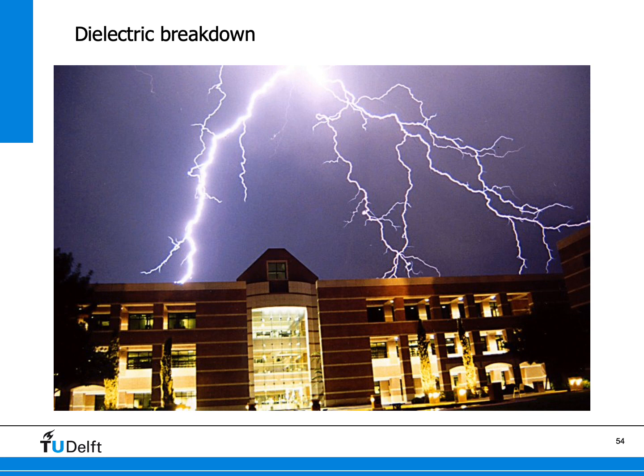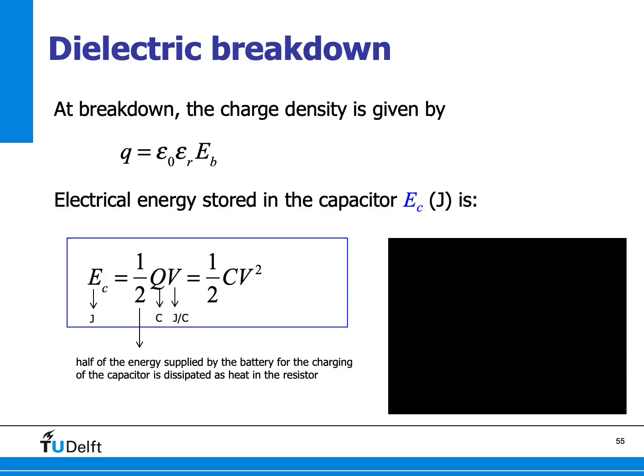This is another very familiar example of dielectric breakdown, a thunderstorm. So at dielectric breakdown, the charge density is given by this equation, and that's something we have basically seen before, except now for the electric field we fill in the electric field at breakdown.